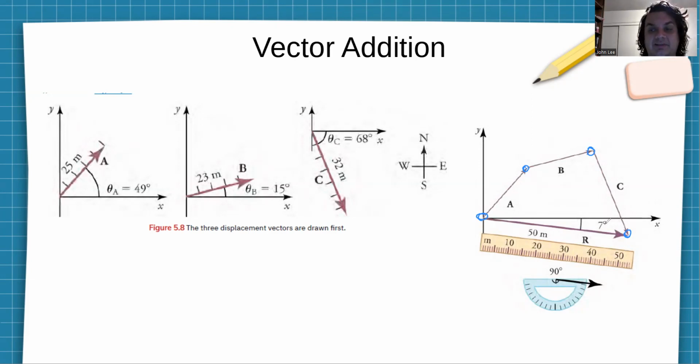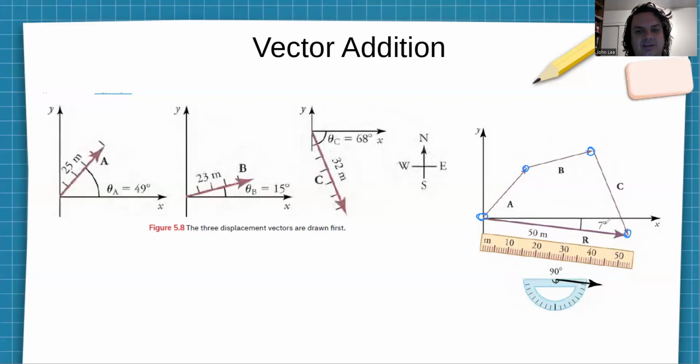So what actually happens is that the C vector is going down so far that it basically cancels out the y component of the A and B vectors, how far up they go, and you basically only end up with the x components of the A, B, and C vectors with a little bit of y component pointing down.